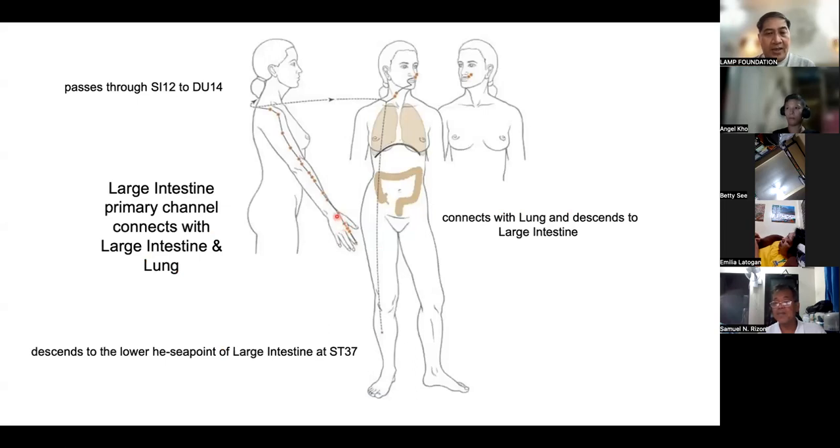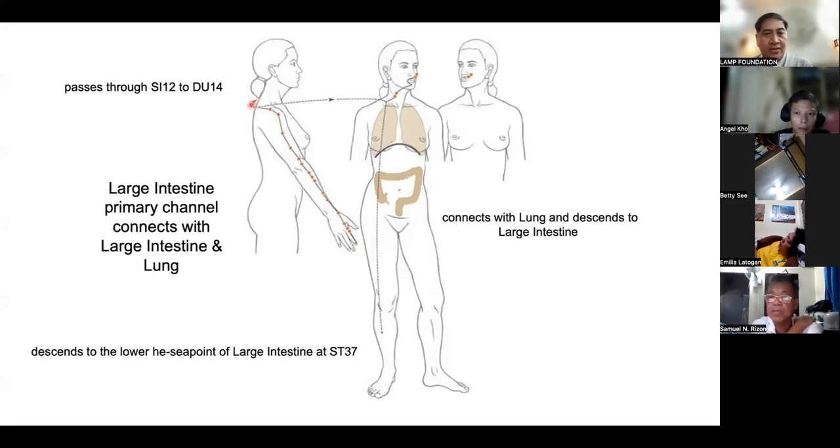It passes between the tendons of the extensor pollicis longus and brevis at the wrist, and then it continues along the radial margin of the forearm to the lateral side of the elbow.